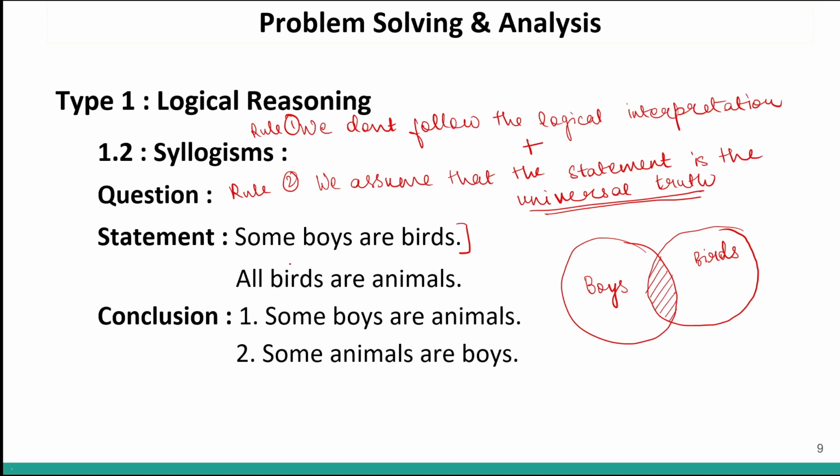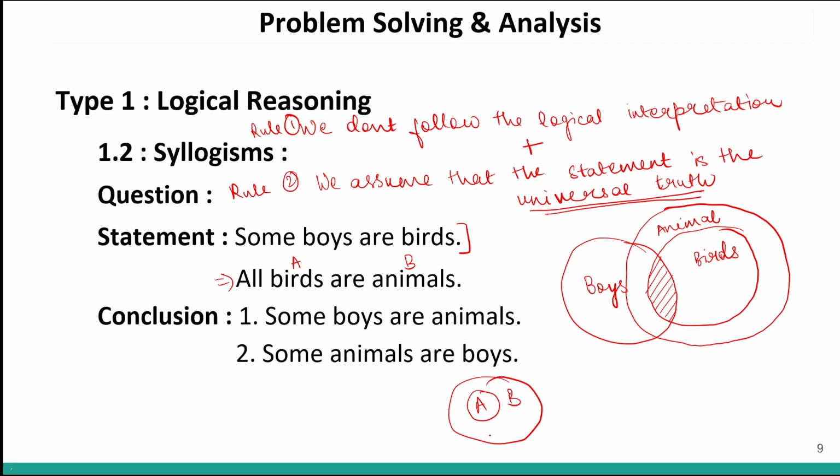So again, let's say this is A and B. All A is B. All birds are animals. That means that this will be my animal, because all birds are part of animal. This is given in option number 2. All A are B. Correct? This is how we represent. This is definitely true.